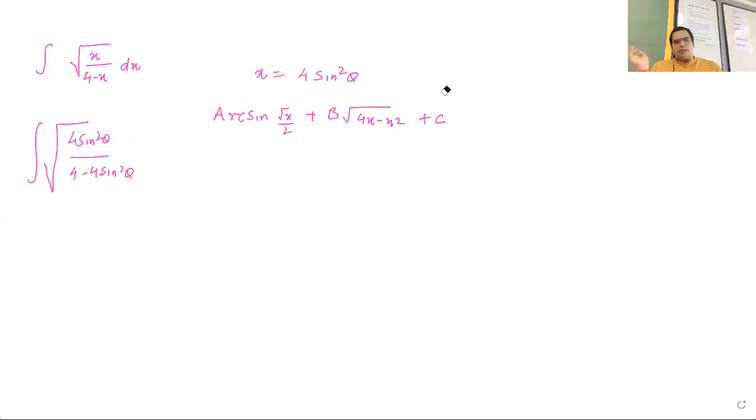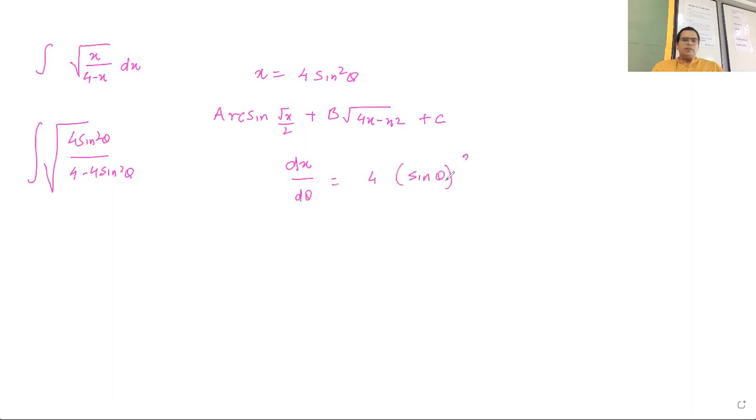The moment you make the substitution, whichever variable you're integrating with respect to has changed from x to theta, so I need to find the derivative. dx by d theta: the function is 4 times sine theta the whole square.